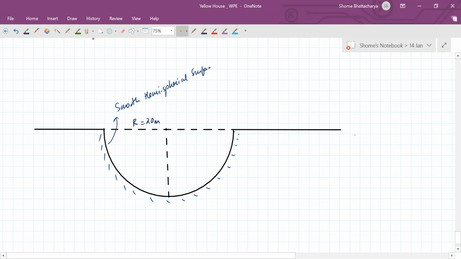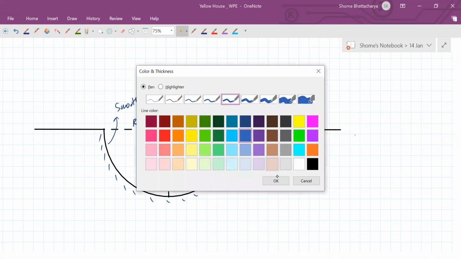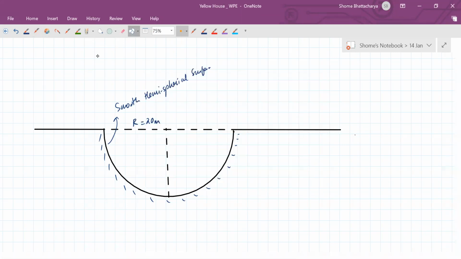Okay. Now, let's say a particle was initially located at this position, which I'm showing here.